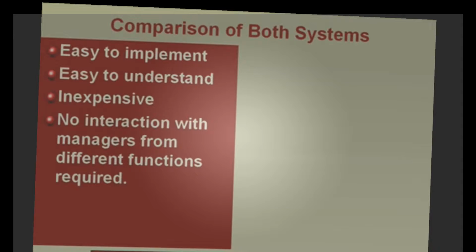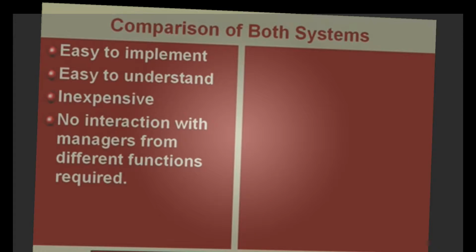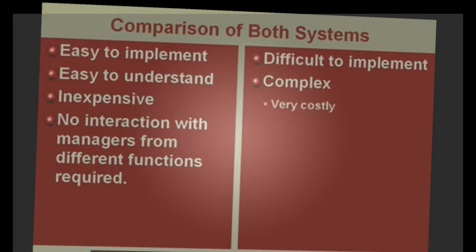If you take ABC, it's difficult to implement, it's far more complex, it's very costly, and it's very costly because a lot of people from virtually every division need to be involved. And while they are working on it, you're paying for their time, aren't you?